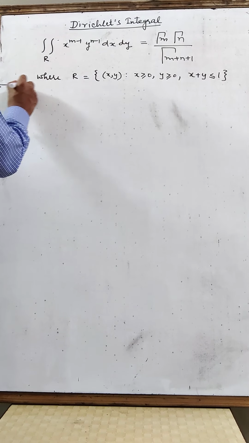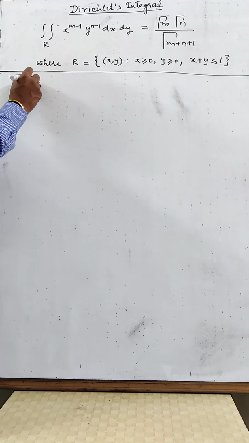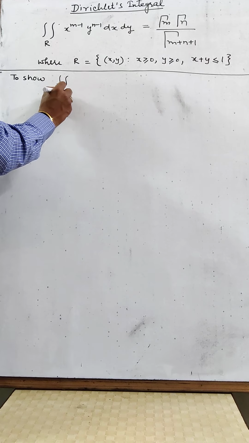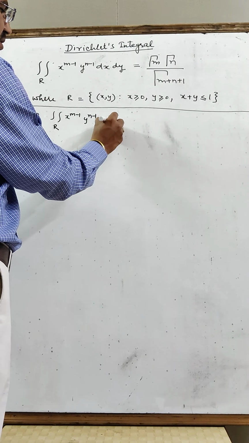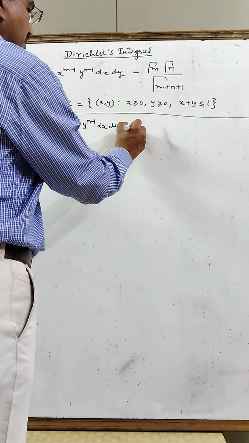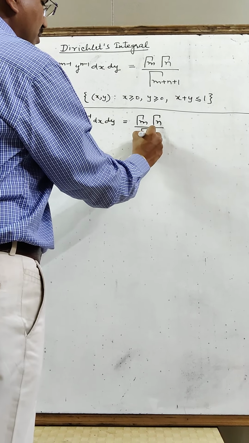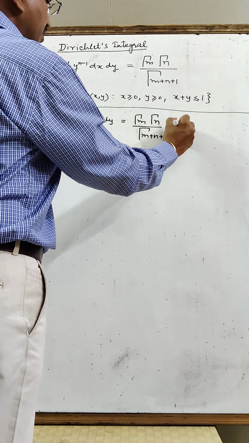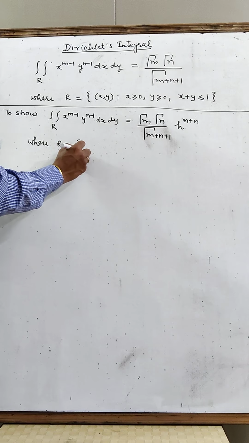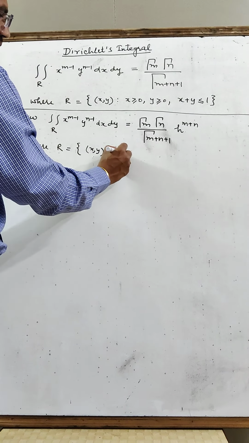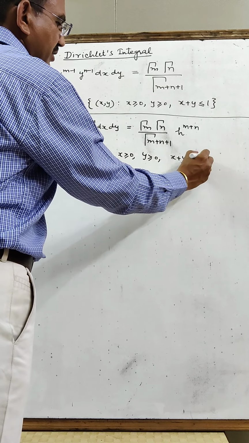Now if we get another type of region, that is to show the double integral over the region R of x raised to the power m minus 1, y raised to the power n minus 1 dx dy would be equal to gamma of m gamma of n over gamma of m plus n plus 1, times h raised to the power m plus n, where R is the region bounded by x greater than or equal to 0, y greater than or equal to 0, and x plus y less than or equal to h.